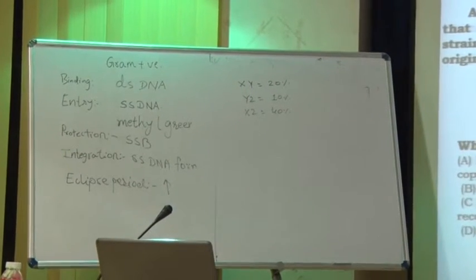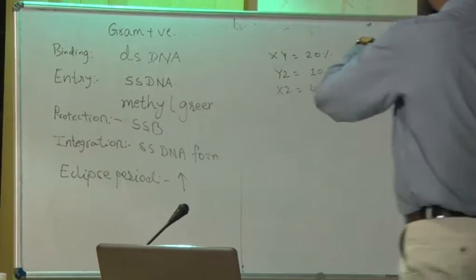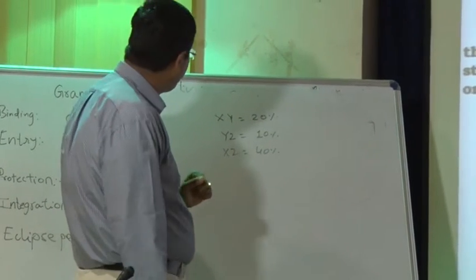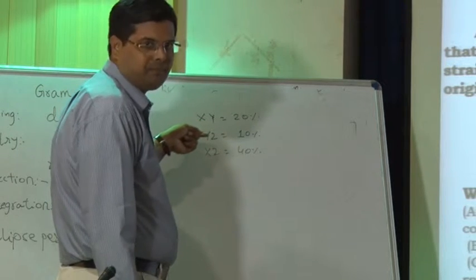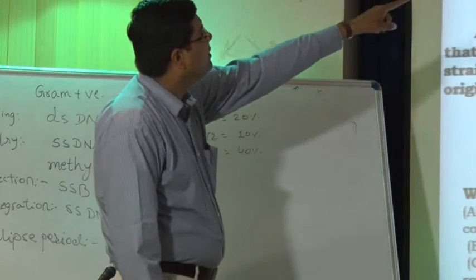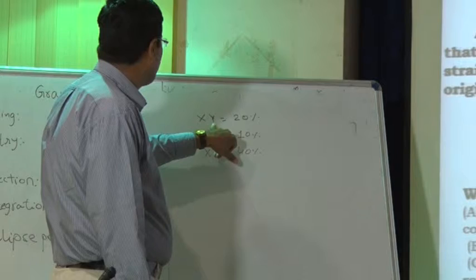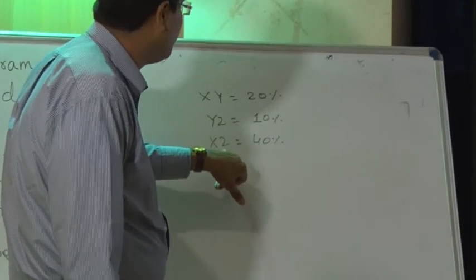Because it has the maximum co-transformation frequency. Okay. Now YZ is 10% and XY is 20%. This indicates that compared to this, the Y is much more closer to XY. कितना है? XY is 20%. So Y is much more closer to X, much more far away from X with compared to Z.